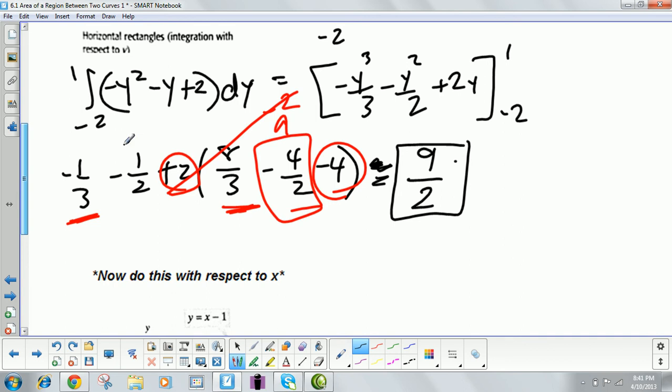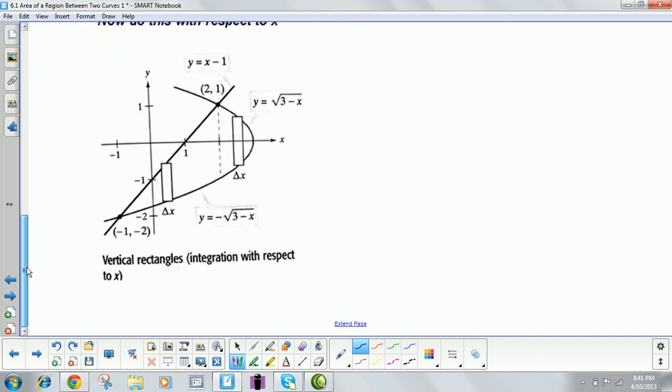9/2. Now, same function, okay? With this part, we're taking it and finding the integral with respect to x, which is what we're used to, and that's fine. However, if we look at this, there's a problem. Your upper function is y equals x minus 1 up to this point.